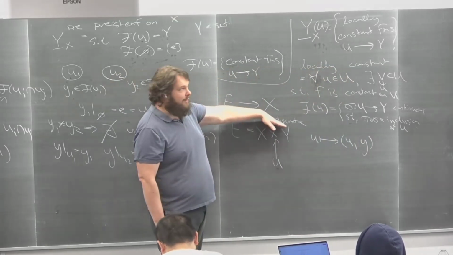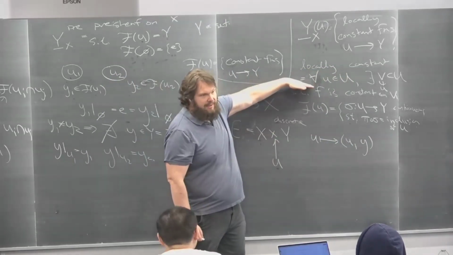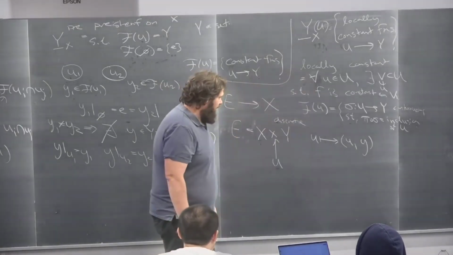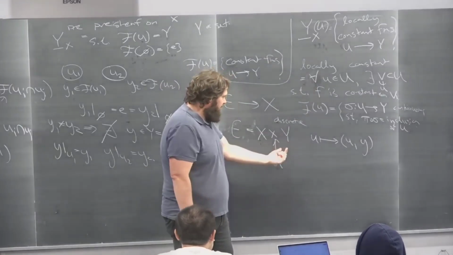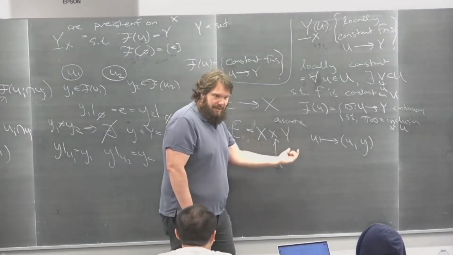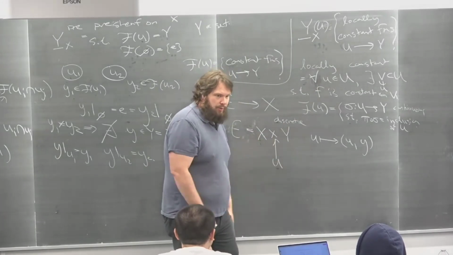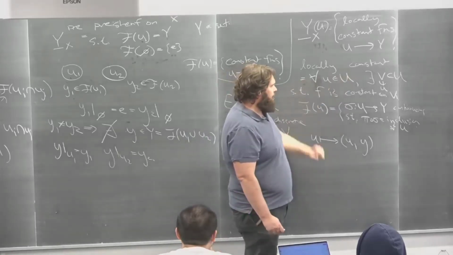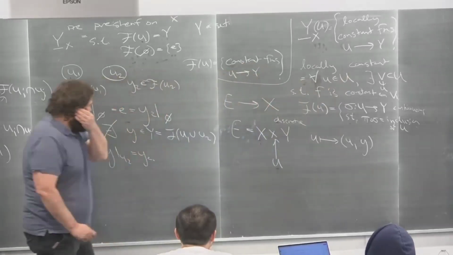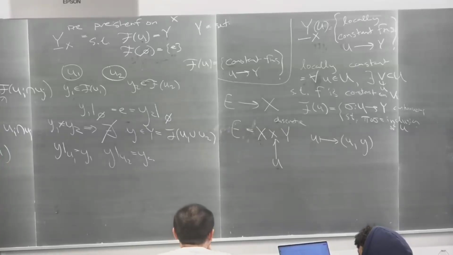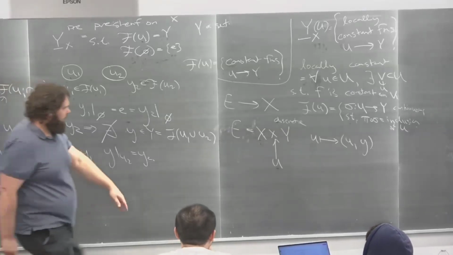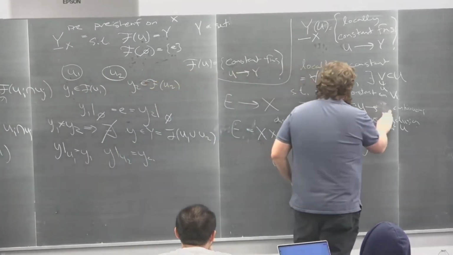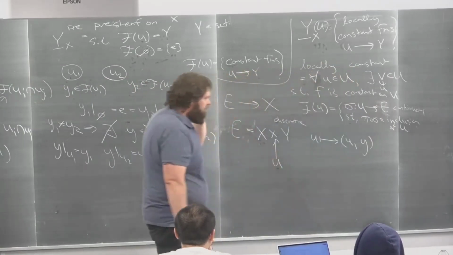And taking the discrete topology here exactly guarantees this local constancy, right? Because I take the discrete topology, every point is its own open subset. And by continuity, the preimage of that point is an open set. Or I should just say contains a neighborhood. Yes, right. In this case, E is X times Y. Oh, sorry. Yeah, U to E. Yes, sorry.